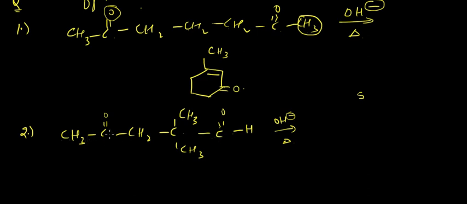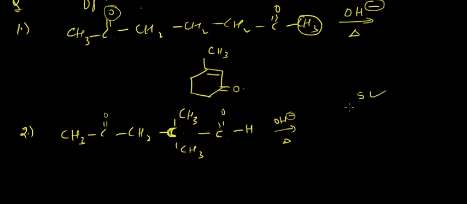Obviously this is the last and only possibility. Why? Because there cannot be any nucleophile on the aldehyde group which can act on the C double bond O, as there is no alpha hydrogen attached to that group; this carbon atom has two CH3 groups.